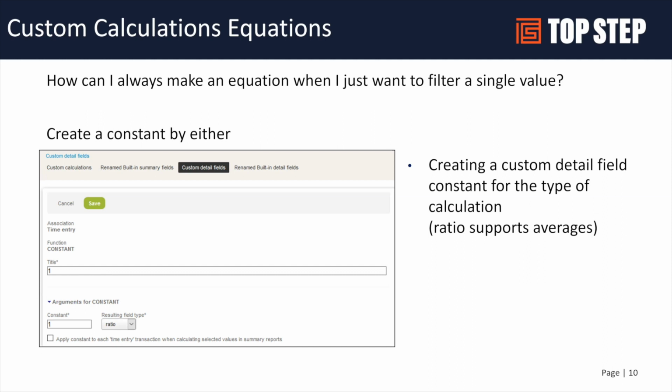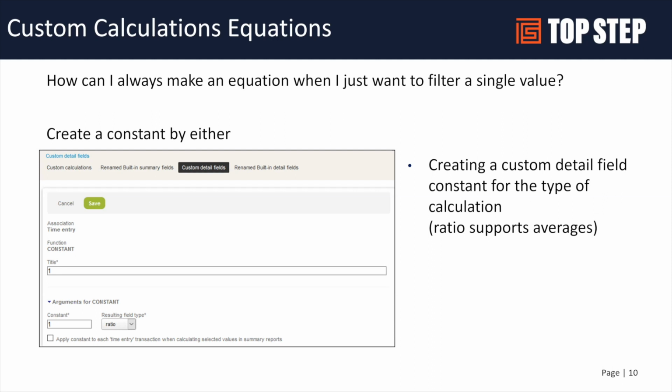You'll probably see those in your summary values, but basically what it's doing is creating a 1. And what happens in math when you multiply something times 1, you get the something. That's really what you're doing: you're taking timesheet hours times 1, and then within the filters, you're filtering in what you want that to include. Now you've created a new value by taking a constant and applying it to a value.